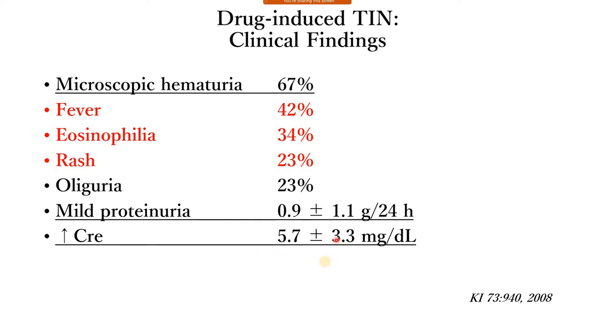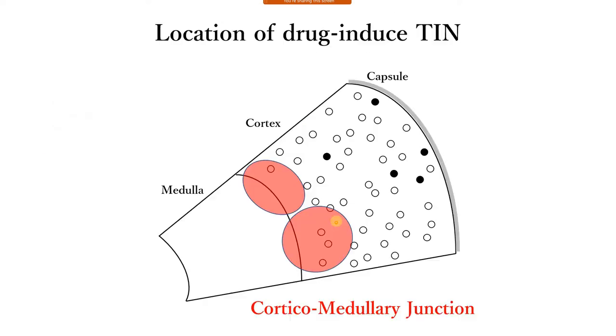So nothing is specific. The important thing is we need to suspect drug-induced TIN, whatever clinical situation the patient shows. By histology, there is some trend for the location of the drug-induced TIN. Here, this is kidney tissue. This is the medulla, the cortex, and the capsule.